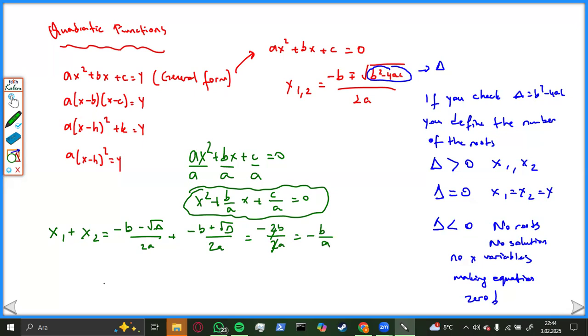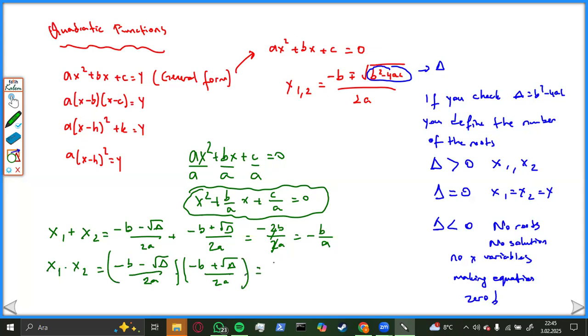As you can see, after calculation, it equals minus b over a. In addition to this, the multiplication of root 1 and root 2 is minus b plus the square root, times minus b minus the square root.